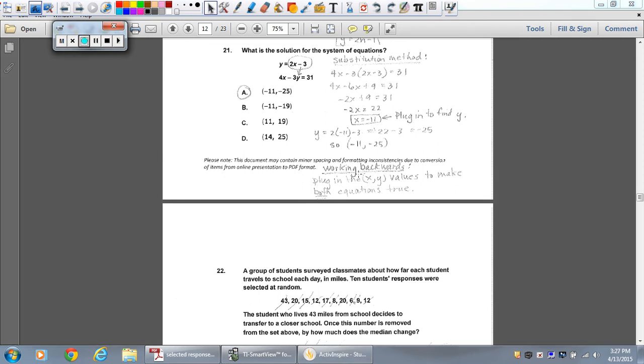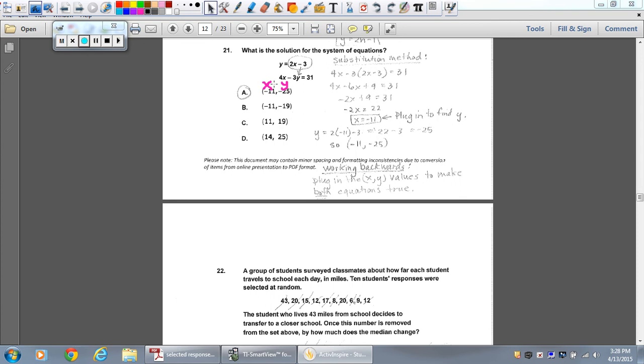Another way to do that, if you're concerned about solving systems, take the x and y values and plug them in. Remember, this is your x, that's your x, and this is your y. And if you're going to use this method, you have to plug it in both equations. So take negative 11, plug that in for x, negative 25, plug it in for y, and make sure both sides are equal on both equations.